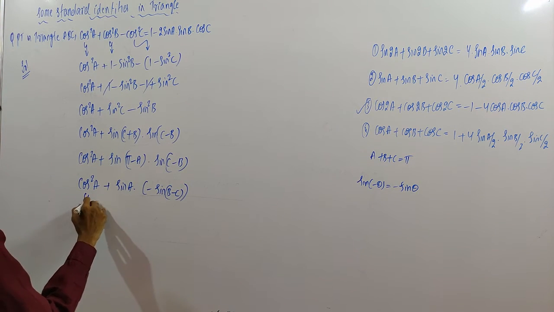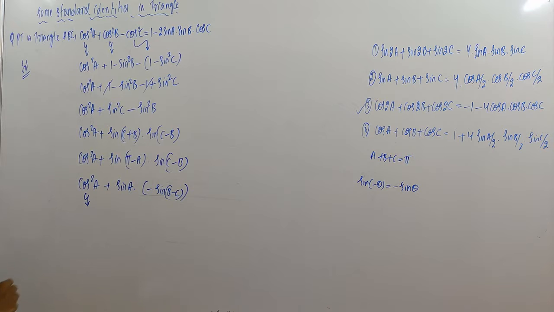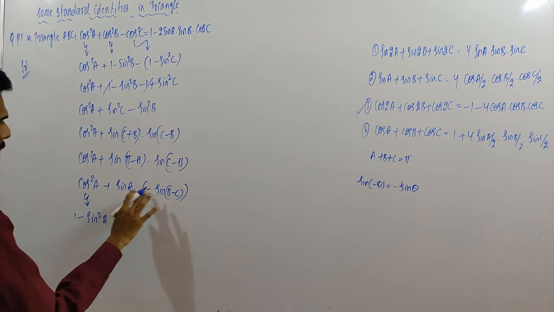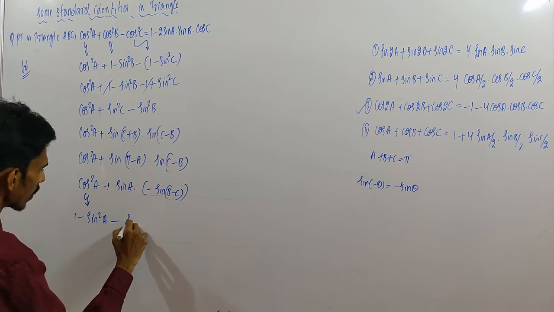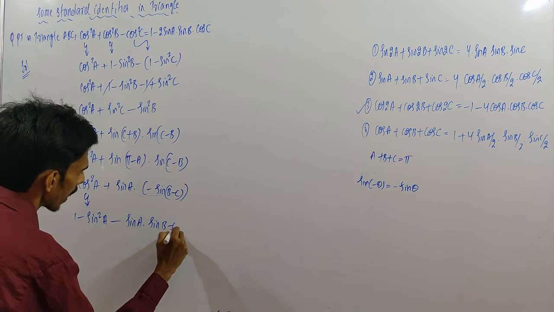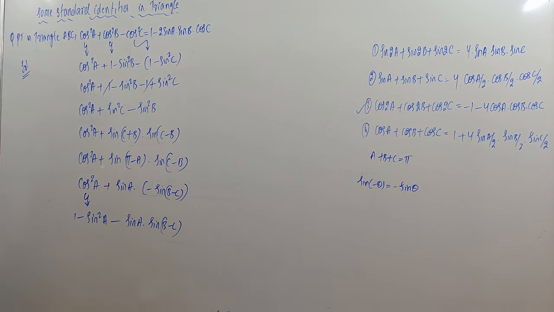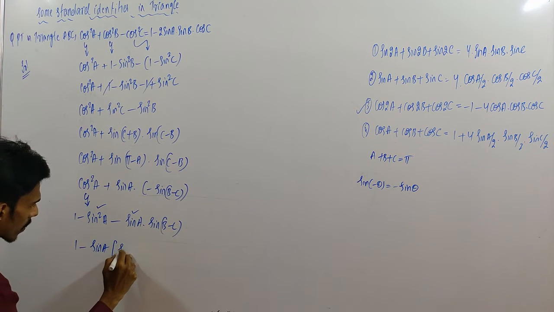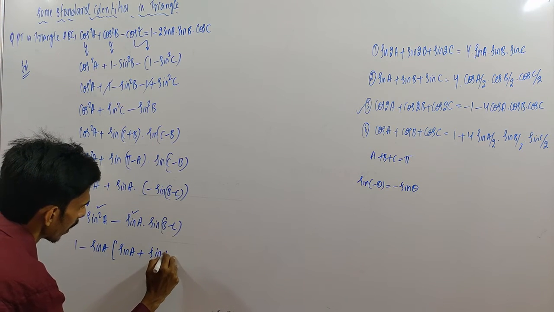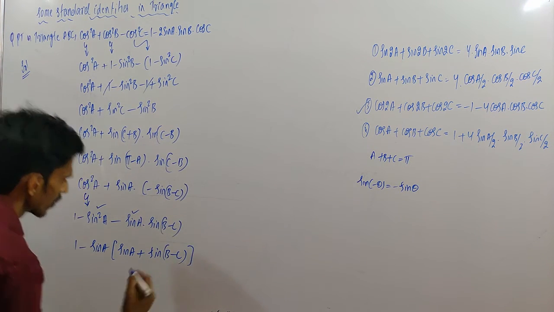Now write down this cos square A in terms of sine. So 1 minus sine square A, plus, into minus, we have minus sine A sine (B minus C). We have sine A common, so take minus sine A common. We have sine A plus sine (B minus C).